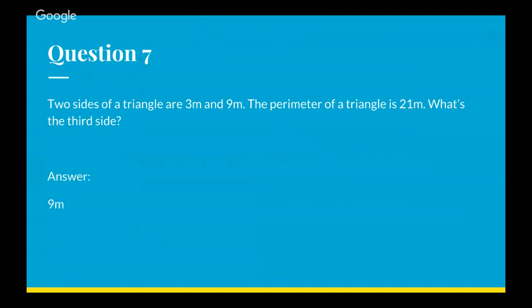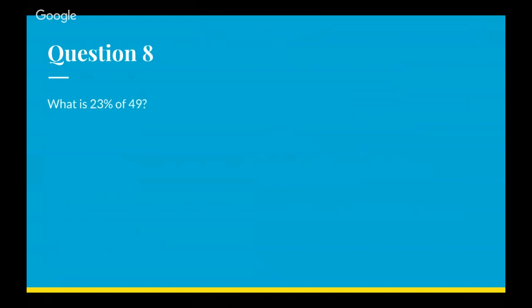9 meters. Question 8, what is 23% of 49? Answer, 11.27. Question 9, 13 is what percent of 50? Answer, 0.26 or 26%.